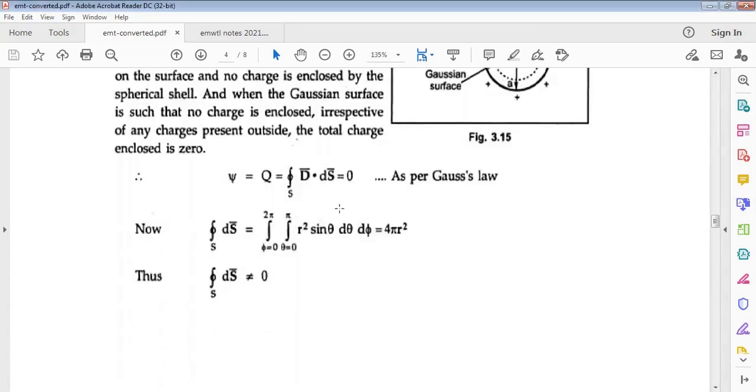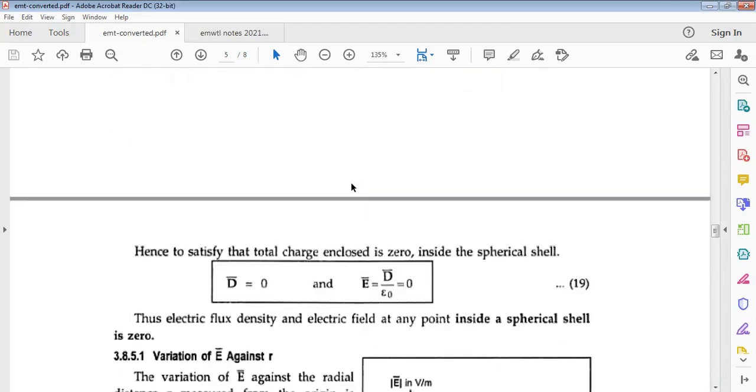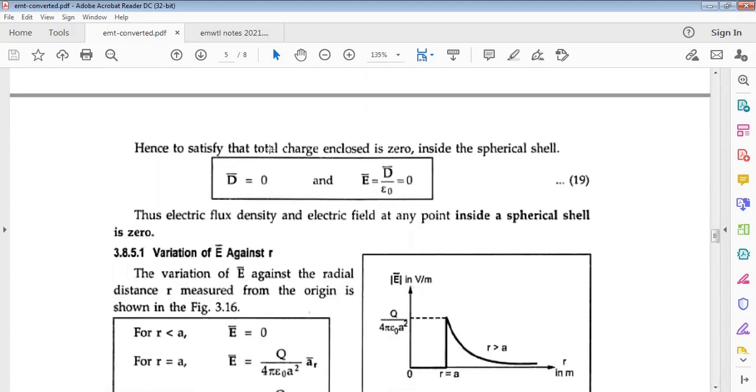The D bar dot dS bar is equal to 0. Got it, my dear students? For r less than a, the term is 0. Finally, the total charge enclosed is 0 inside the spherical shell. D bar is 0 and E bar is also 0.